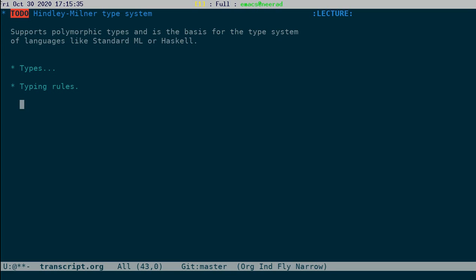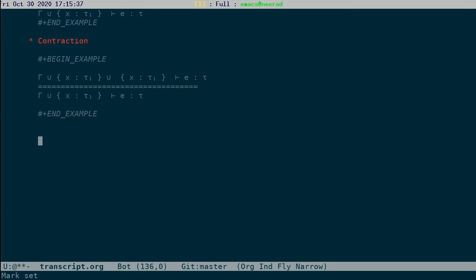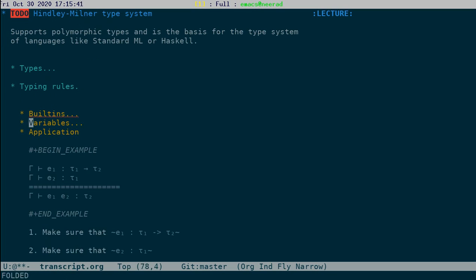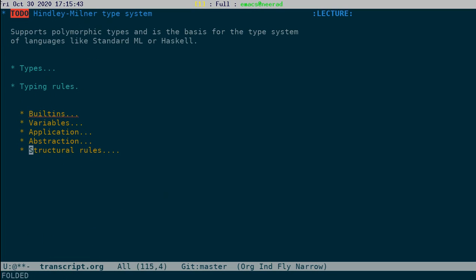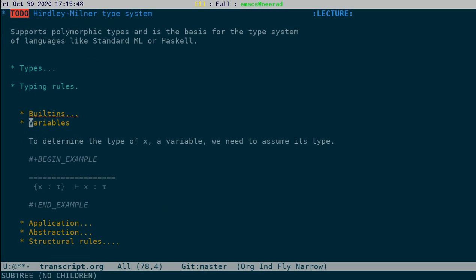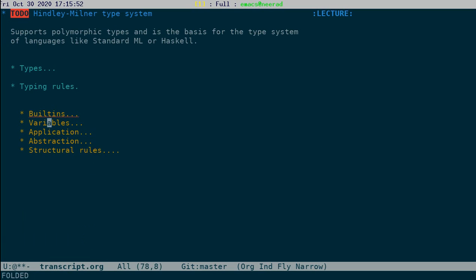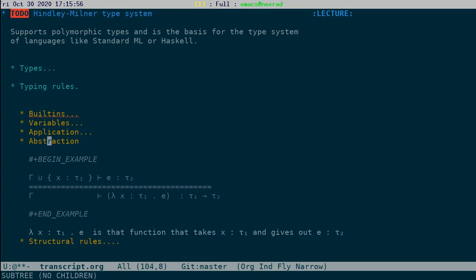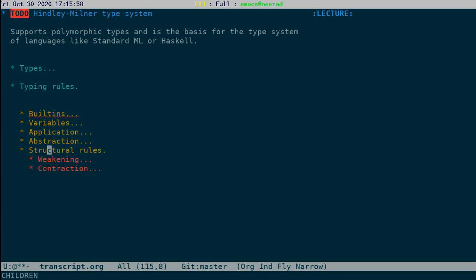We now describe the typing rules for a lambda calculus with the Hindley Milner type system. Firstly, we recall the rules that we had for simply typed lambda calculus. We had rules for built-ins, we had rules for variables, rules for application, rules for abstraction, and then some structural rules, weakening and contraction.